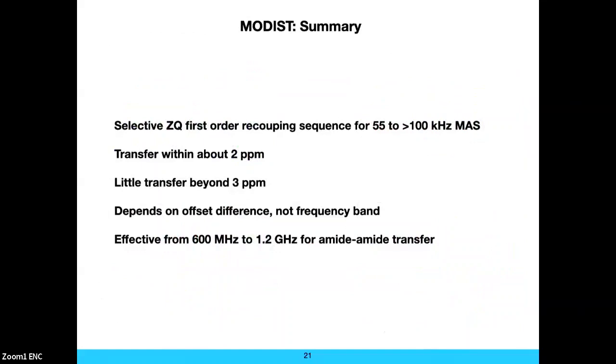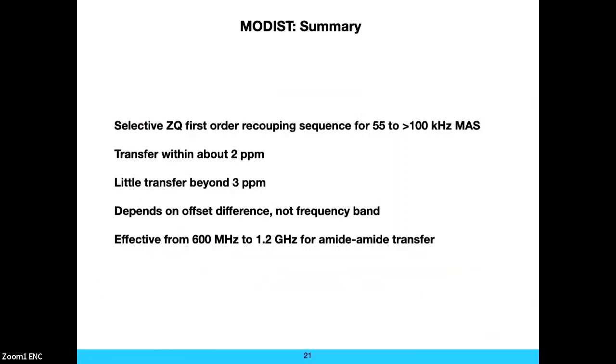So to summarize this part of the talk, we've developed a selective 0 quantum first order recoupling sequence, which we've tested at both fast and ultra fast spinning, so 55 and 100 kilohertz MAS. It has a good transfer band within about 2 ppm for the amide region, and little transfer beyond about 3 ppm.